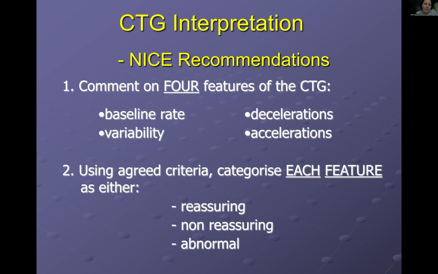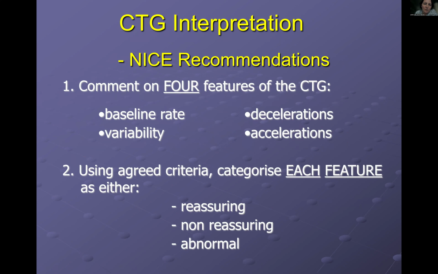And again, the recommendations are that you document the baseline rate, variability, any decelerations and accelerations, and you say in your notes, as you're monitoring the patient, whether the CTG is reassuring or non-reassuring and abnormal.